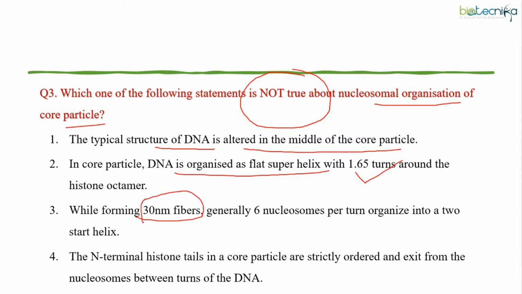While forming the 30 nanometer fiber, 6 nucleosomes per turn organize into a 2-start helix. The N-terminal histone tails in a core particle are strictly ordered and exit from the nucleosome between the turns of the DNA. Again, identify the incorrect answer based upon the nucleosomal organization.